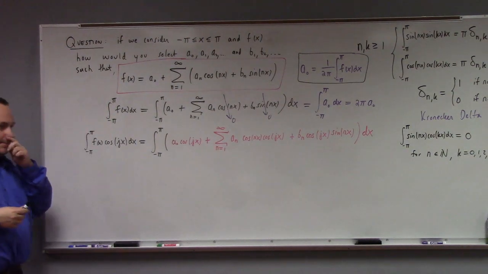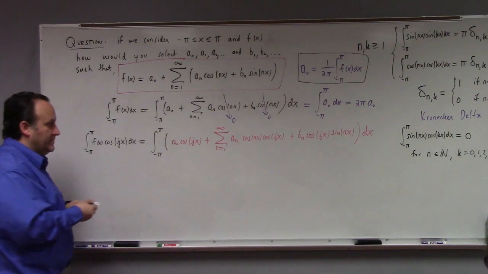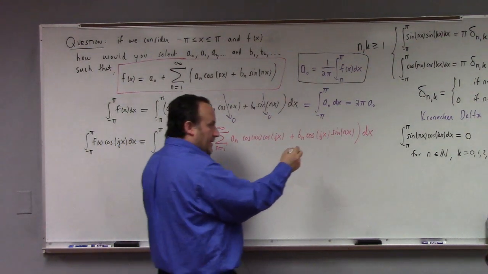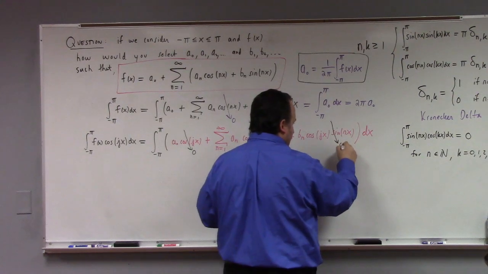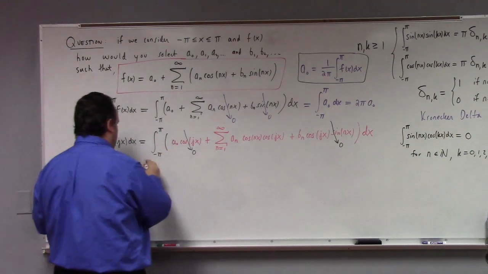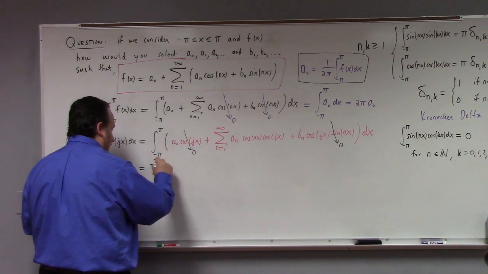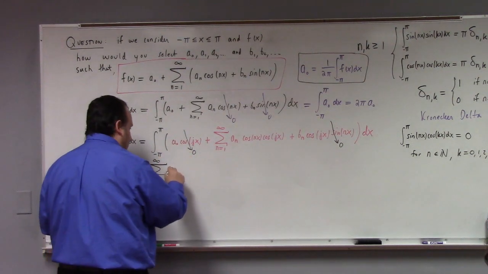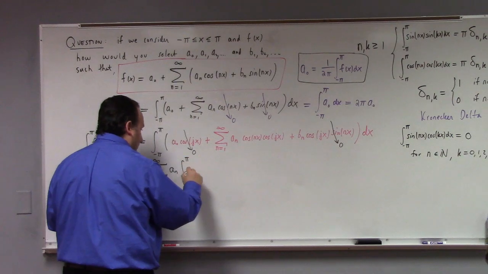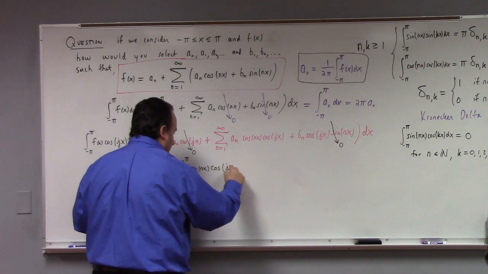So what happens this time? As you calculate these integrals, most of them are 0. So this integrates to 0, and this piece over here integrates to 0. But let me write out the middle one. We have plus the sum, n equals 1 to infinity. I'll bring the integral inside. We have a sub n, the integral from minus pi to pi, cosine of nx, cosine of jx, dx.